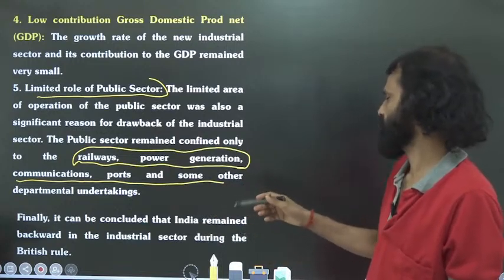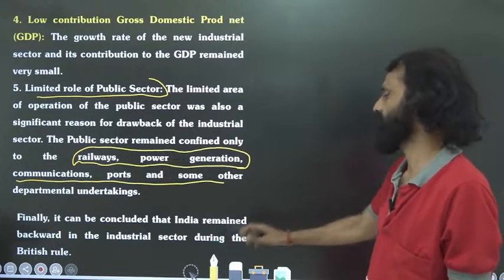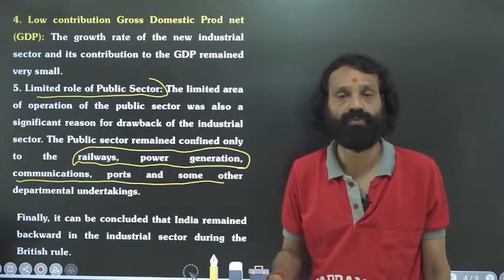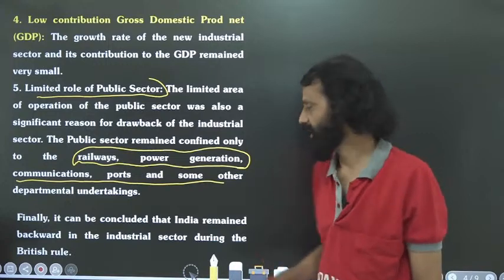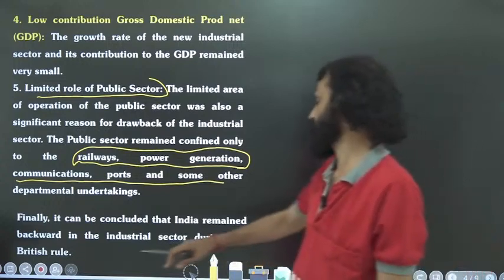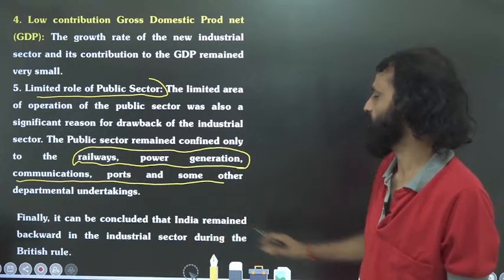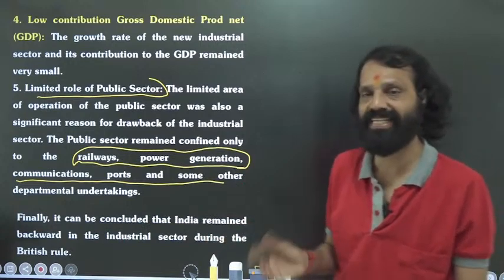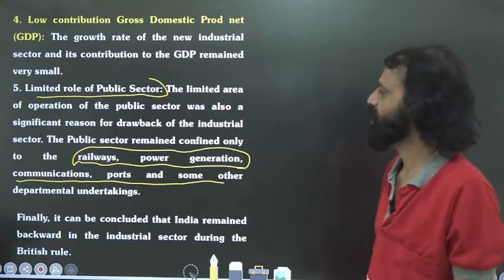Finally, it can be concluded that India remained backward in the industrial sector during the British rule. During the British rule, India's economic condition was worst. It was not doing good, and we experienced industrial backwardness during the time of Britishers' rule in India. So, I trust you understood all these points.